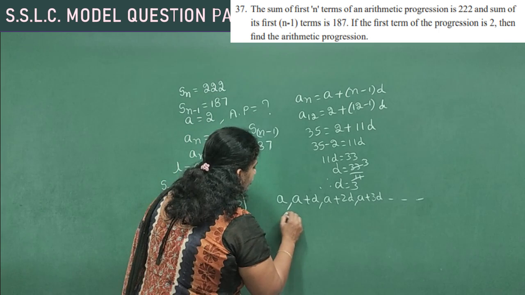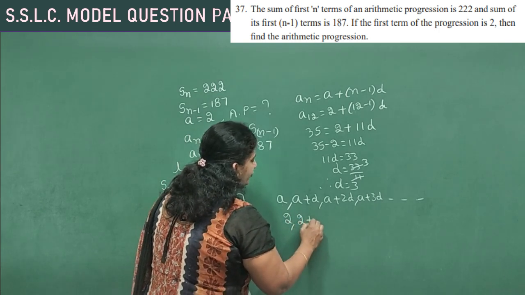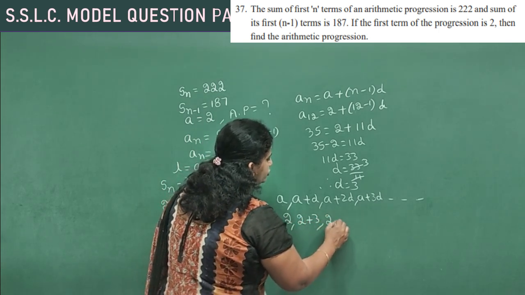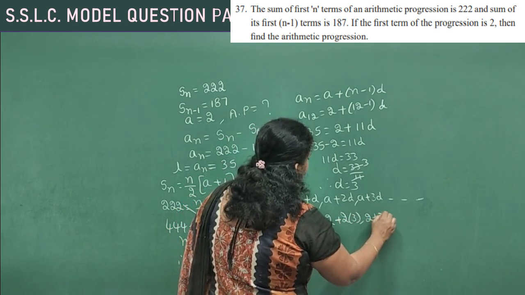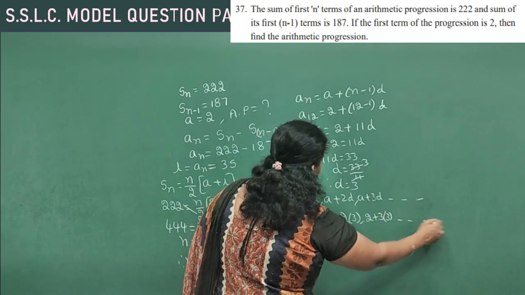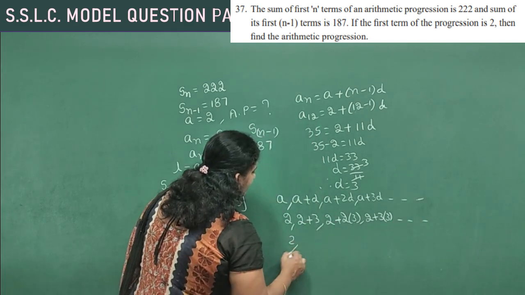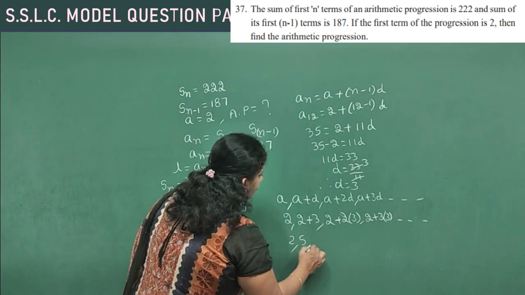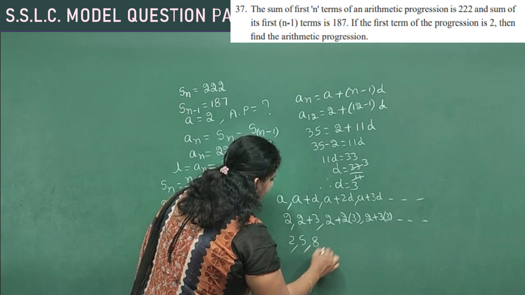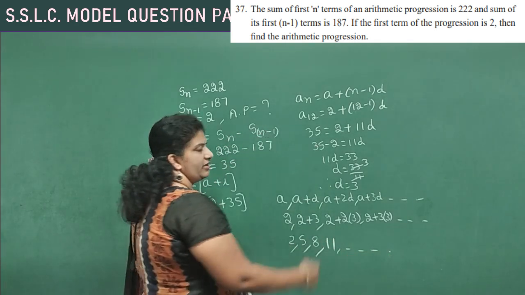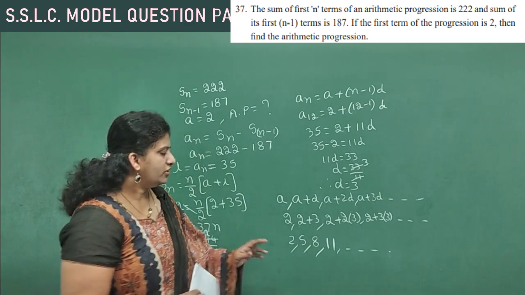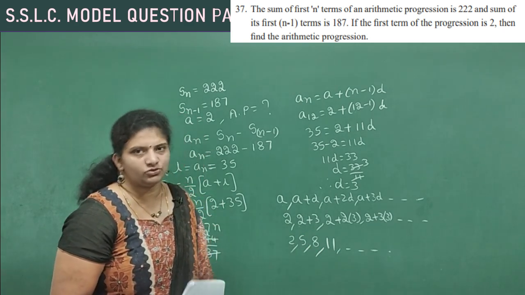We know a is 2, d is 3: 2 plus 3, 2 plus 2 into 3, 2 plus 3 into 3, and so on. So finally 2, 5, 8, 11, and so on. Therefore the arithmetic progression is 2, 5, 8, 11, and so on.